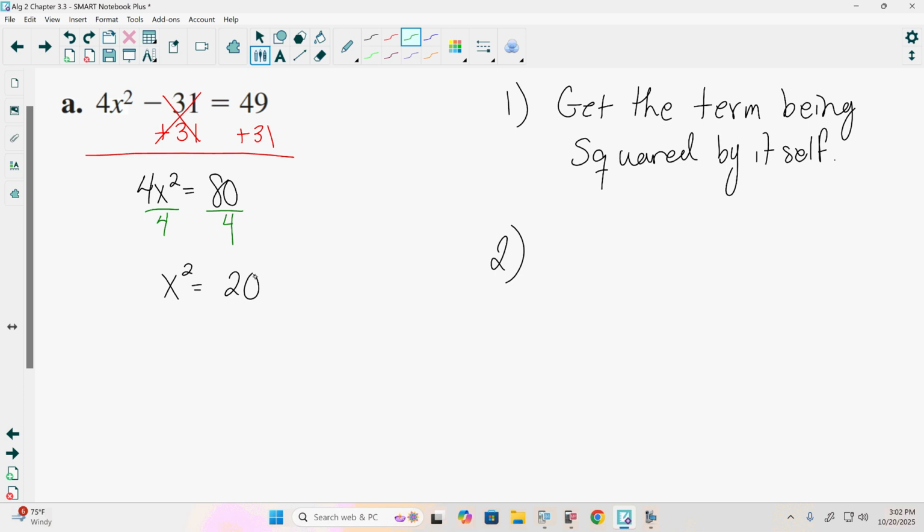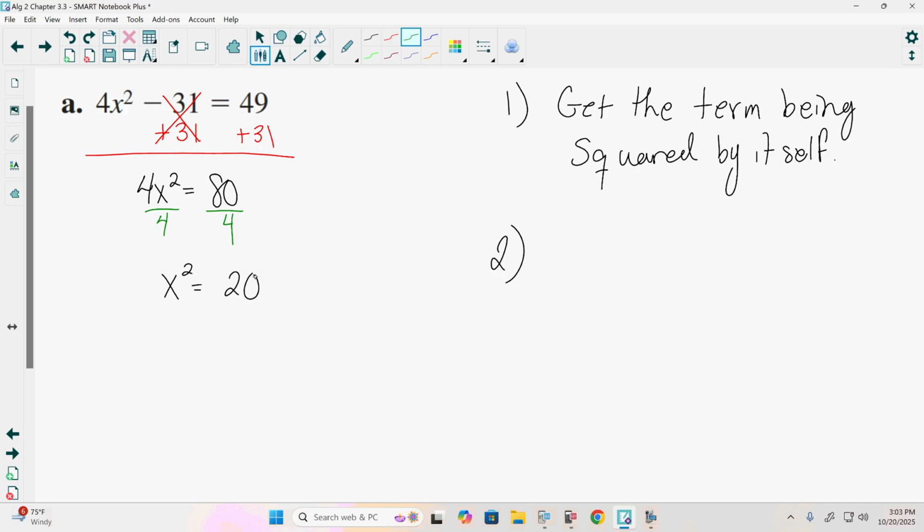Okay, questions on step 1? Now step 2 is part of the reason why this method for solving quadratics gets its name. Because what method are we using? We're using the square root method, yes?